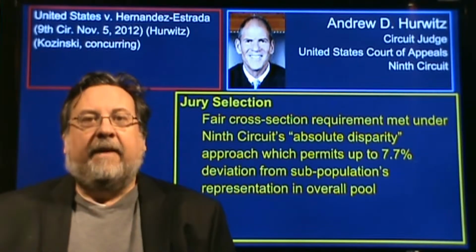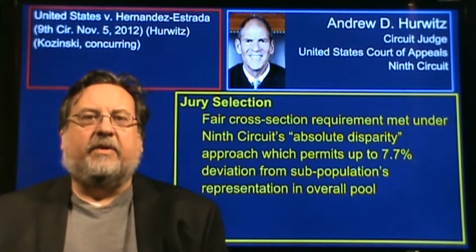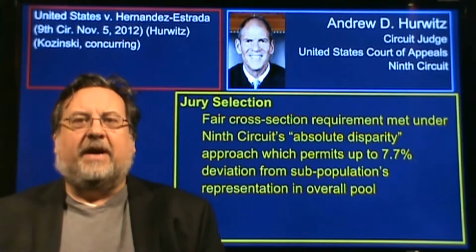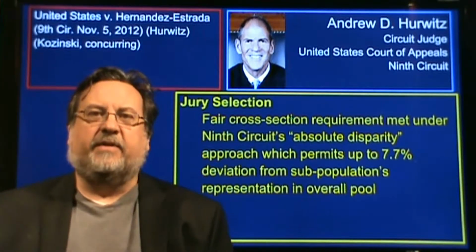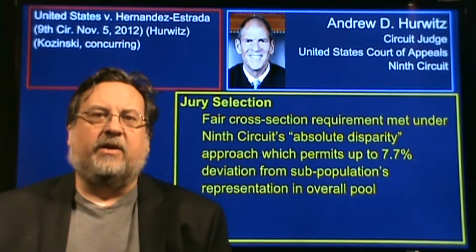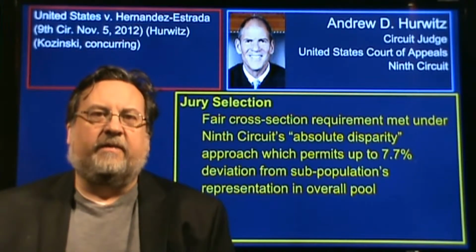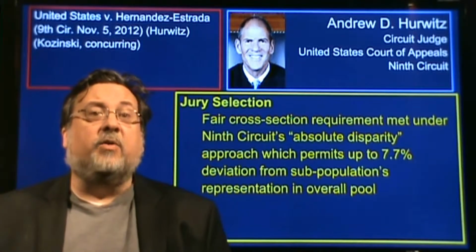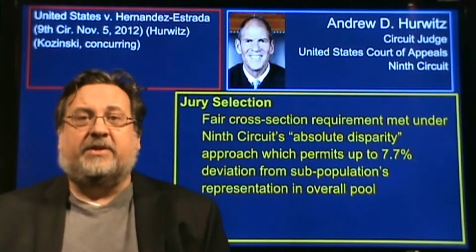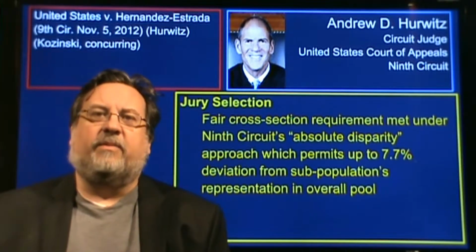In particular, Hispanics made up 24.6% of the wheel, and African Americans made up 3.5%. Comparing these numbers to the percentage of Hispanics in the Southern District eligible population, Hispanics were overrepresented on the veneer by 2.1%, and African Americans were underrepresented by 1.7%, neither of which is anywhere near 7.7%.